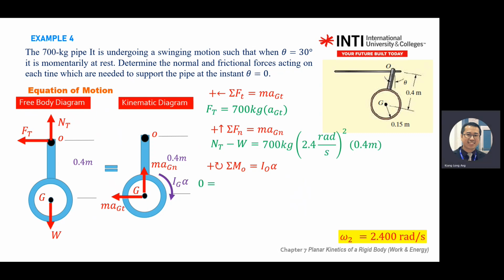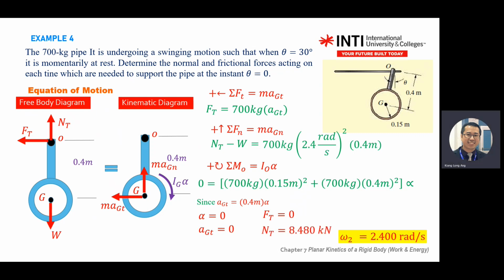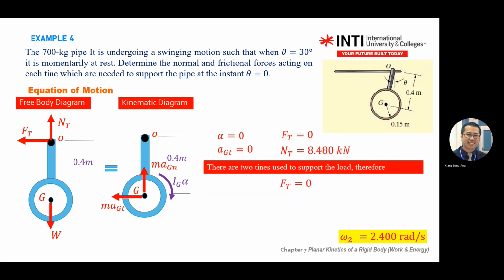Okay, so then alpha you find Ig plus MD square. Okay, alpha. So alpha in this case is 0. So A equals 0, Ft equals 0, An equal to 0.4. So you have all this value.